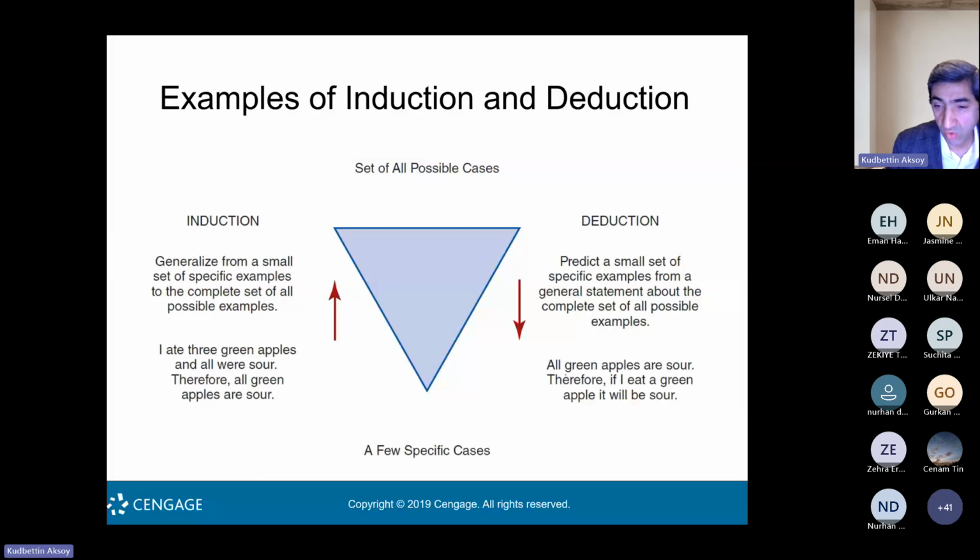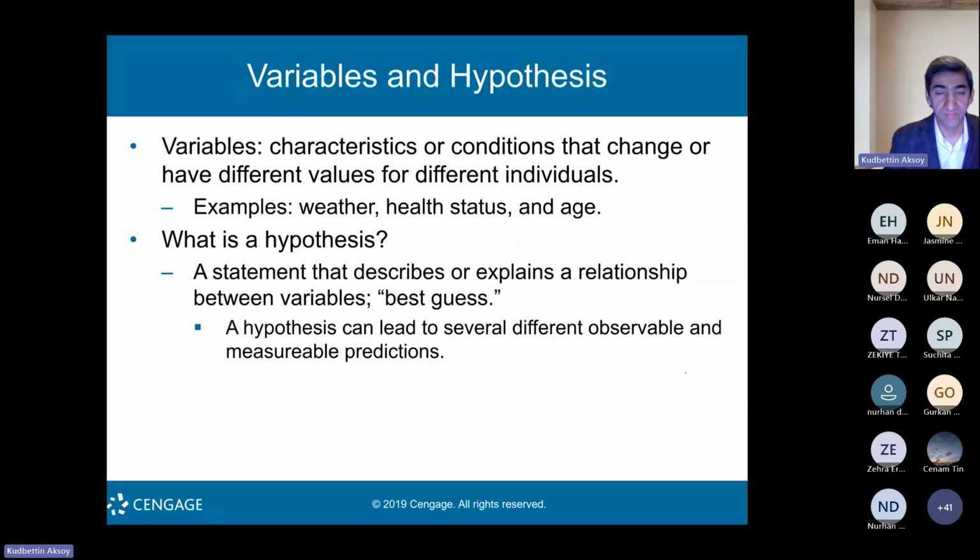You have the statement all green apples are sour. So if you come across one green apple, you will assume that it's also sour. It's induction and deduction. Now, having said that, we can slowly dig into the concept of variable and hypothesis.